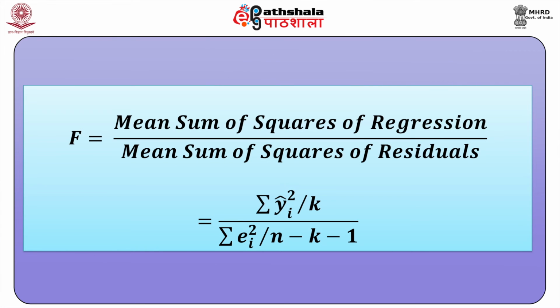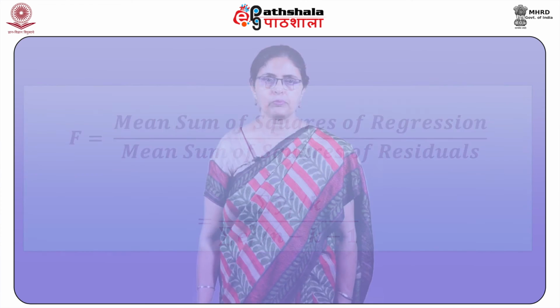F is equal to mean sum of squares of regression upon mean sum of squares of residuals, which is equal to sigma yi cap square upon k, whole upon sigma ei square upon n minus k minus 1.